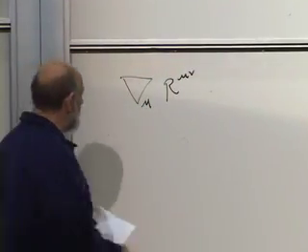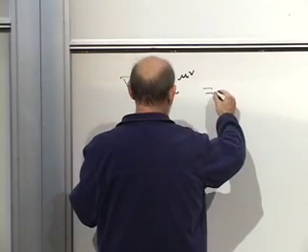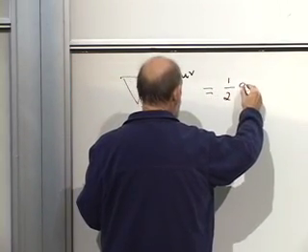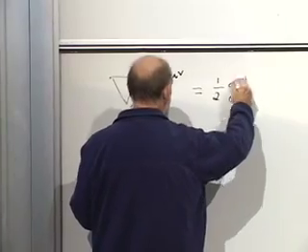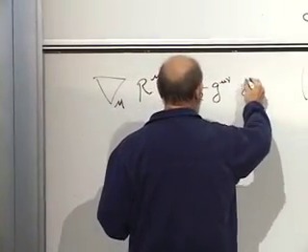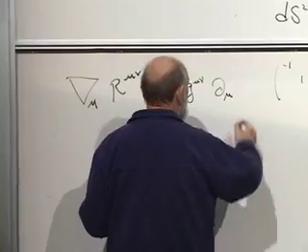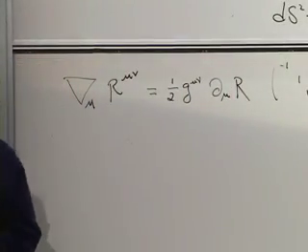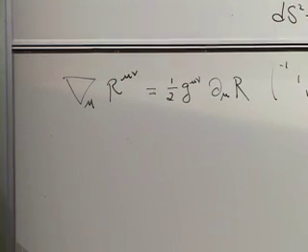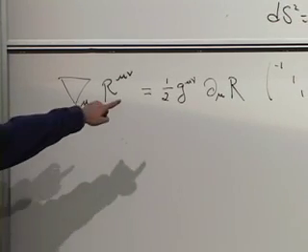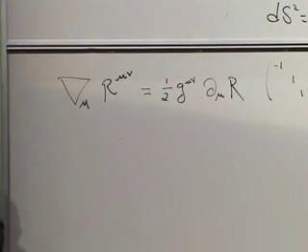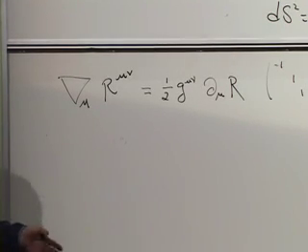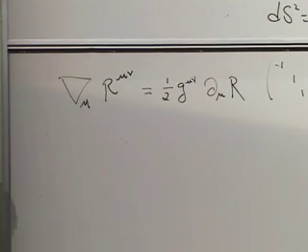It happens to be equal to 1/2 g mu nu times the derivative with respect to mu of the scalar curvature. Everybody remember what the scalar curvature is? There was the Riemann curvature, the Ricci curvature, which you got by contracting 2 indices, or left over 2 indices, and the curvature scalar you got by contracting the remaining indices of the Ricci tensor. That's what he found.